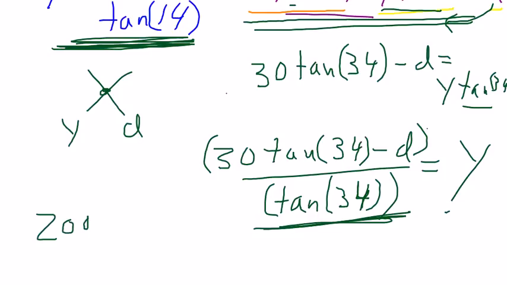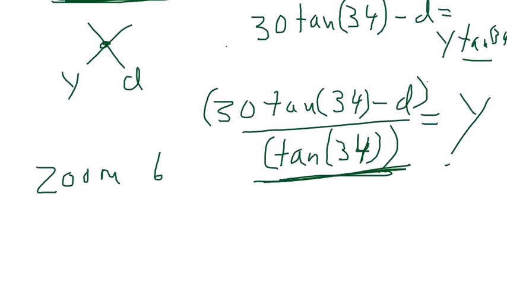Zoom 6. Okay, that's the standard zoom. However, you won't see your answer when you just do zoom 6, but after you do zoom 6, do zoom fit, and I think it's the last one. On my calculator it's 0.